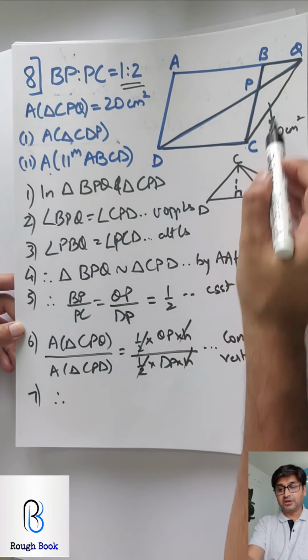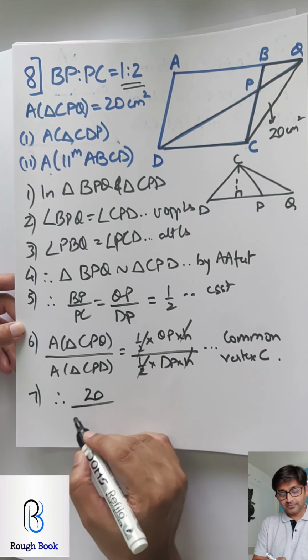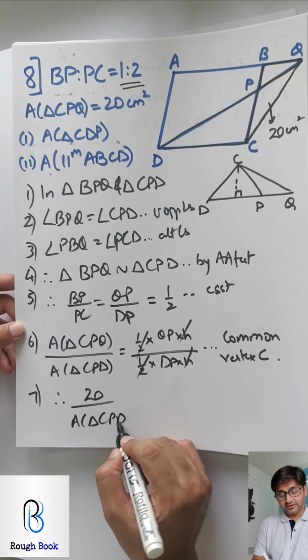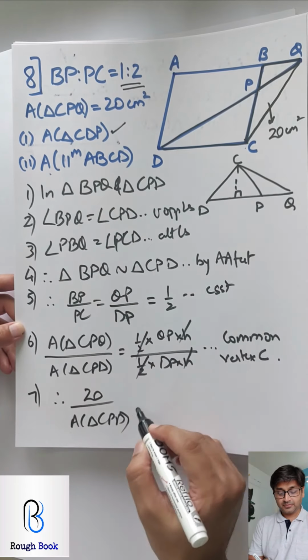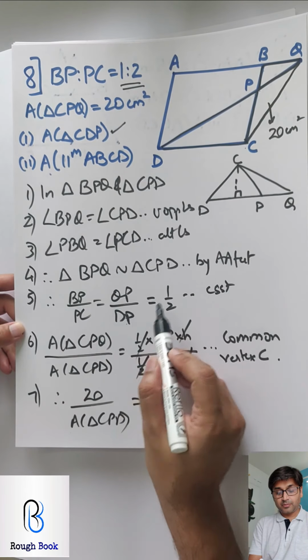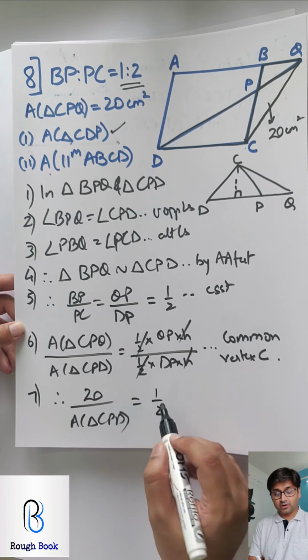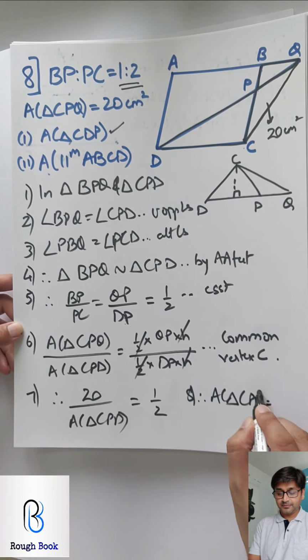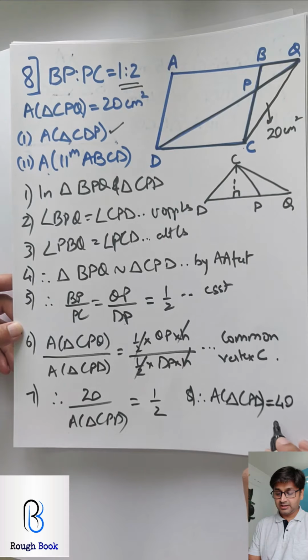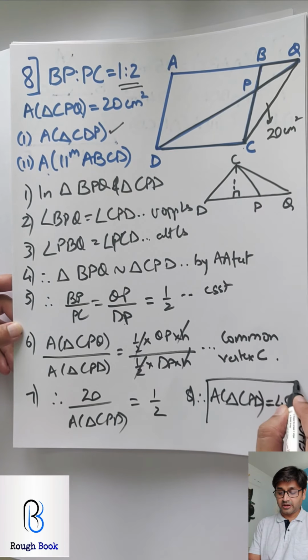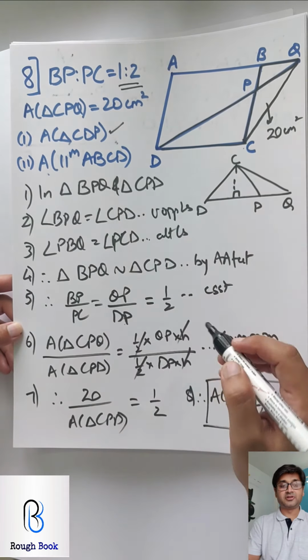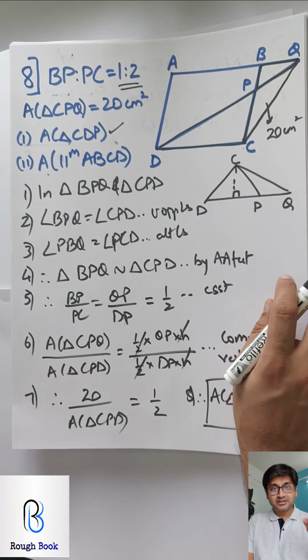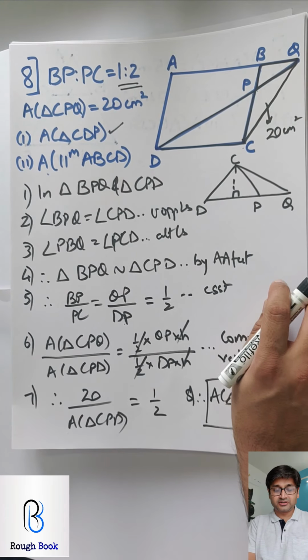So finally, area of CPQ is given to me as 20, and area of CPD is what I am trying to find. QP upon DP is half, cross multiply, and therefore area of CPD is equal to 40 centimeter square, and I managed to get my first answer. Wasn't that great? Something totally different, out of the box.